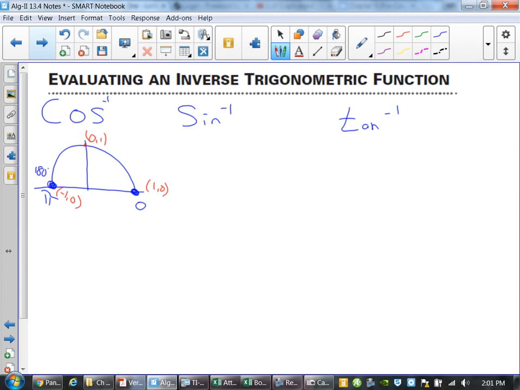So if I'm looking at that, I know that cosine is never greater than 1. Cosine is never smaller than -1.